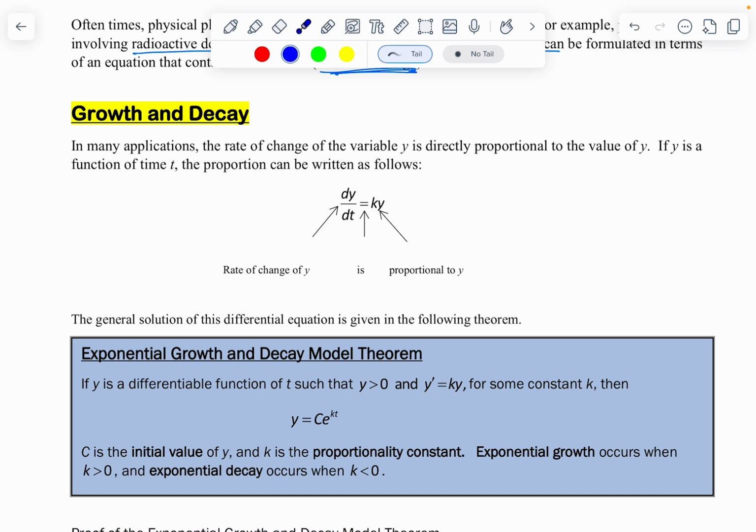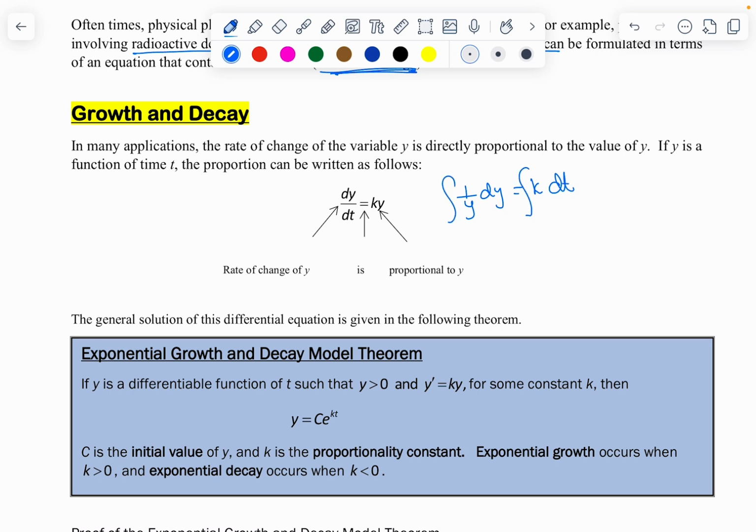So if you were to separate this and integrate it, I'm not going to show the whole entire step, but basically you want to move the y over to be with a dy. So we're going to end up with 1 over y dy. And k, which is a coefficient, is going to be with dt.